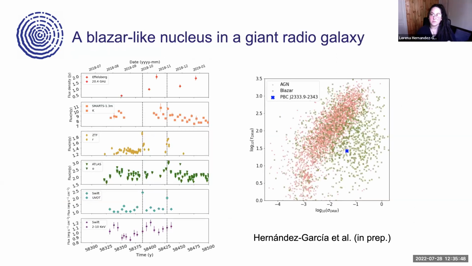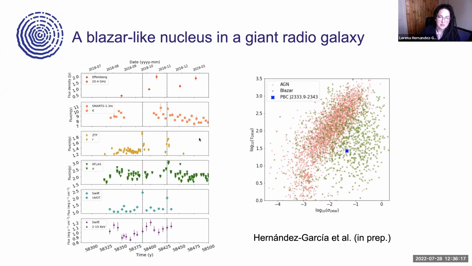And Alerce can also be useful when we have light curves in multi-wavelength data. This is an example of a giant radio galaxy that has a blazar-like nucleus. In particular for this work, it was very useful to have the feature calculator that I showed before, because here we have data from radio to X-rays.